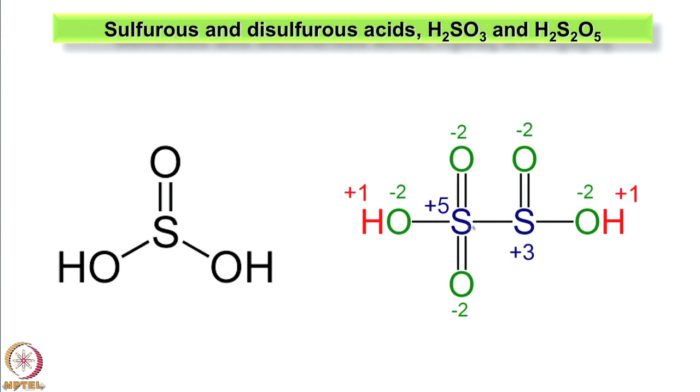One is in +5 state, one is in +3 state. Since there is a SS bond, it is a covalent bond, so you should not count it towards the oxidation state. So, one should see here +2, +2, 4 and this one +5 and here +2 and +1. So, it is totally +3 for this one, whereas here oxidation state is +4 in case of sulfurous acid.